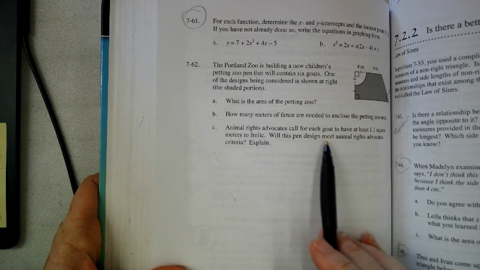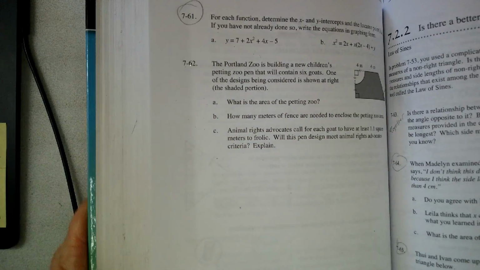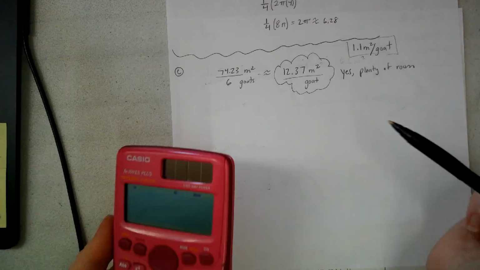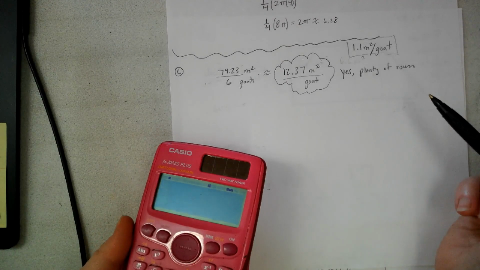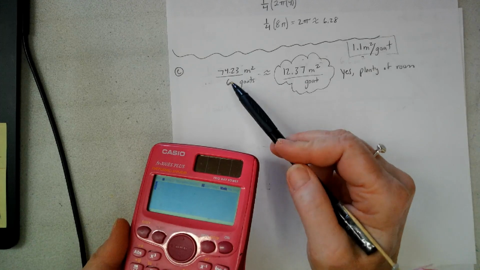Will this pen design meet animal rights advocates' criteria? So the first thing I thought was, I think there's plenty of room, because there's only 6 goats and there's 74.23 square meters for 6 goats.